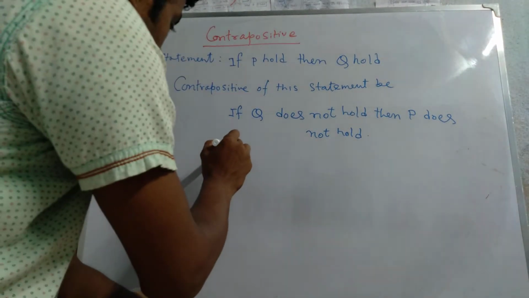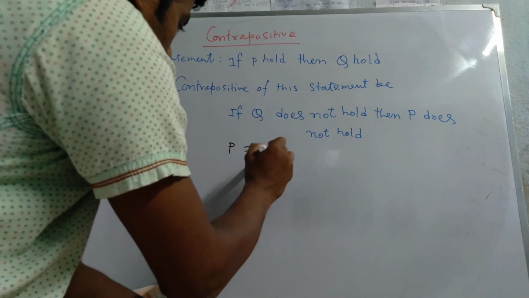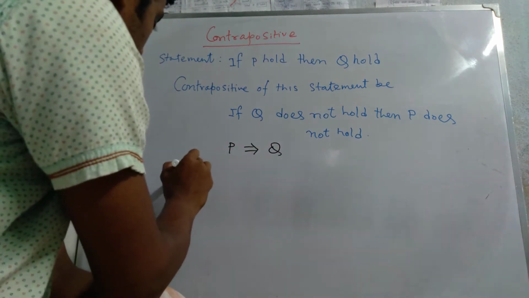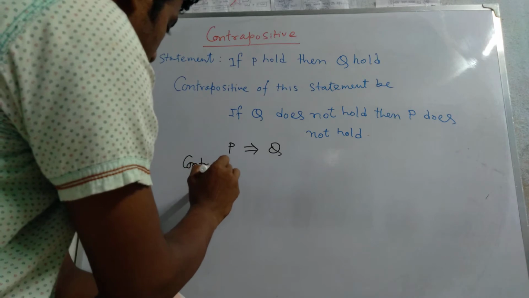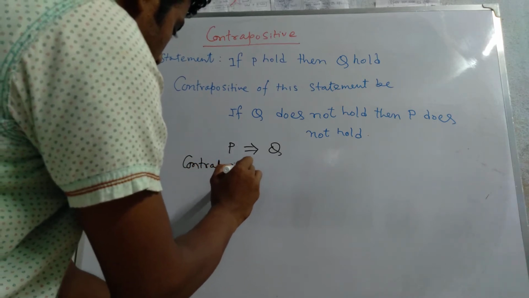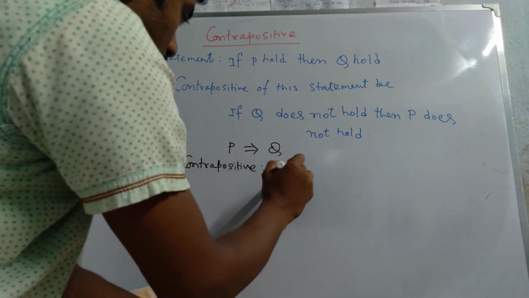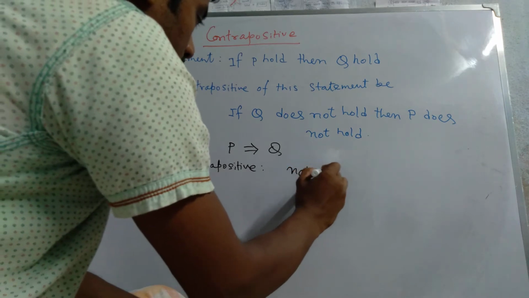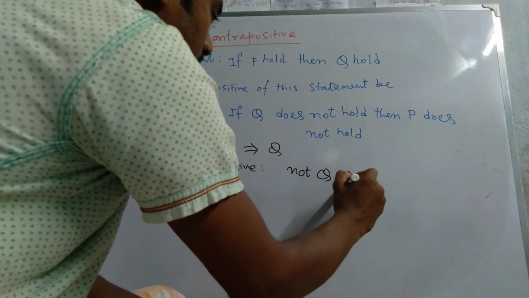That means P implies Q, and the contrapositive of this is not Q implies not P.